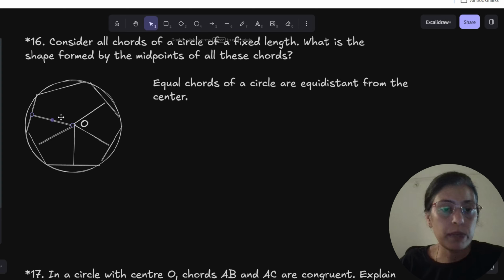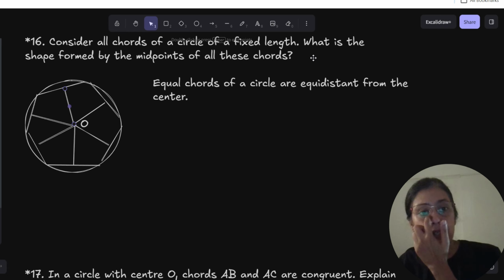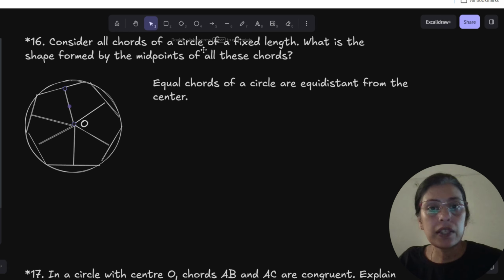They will all be of the same length. And then what we are asked is, we need to join the midpoint of all these chords.